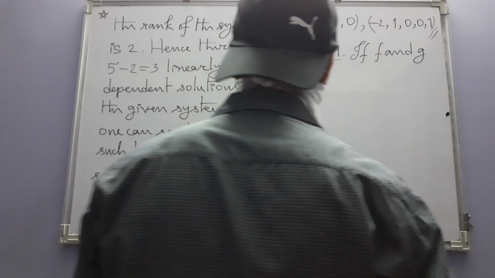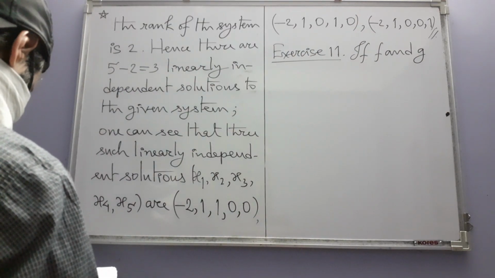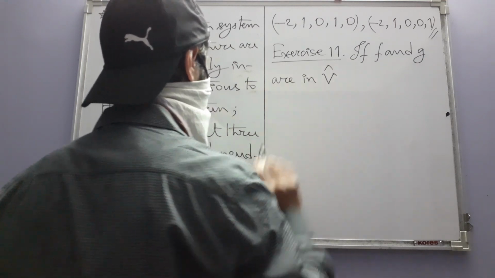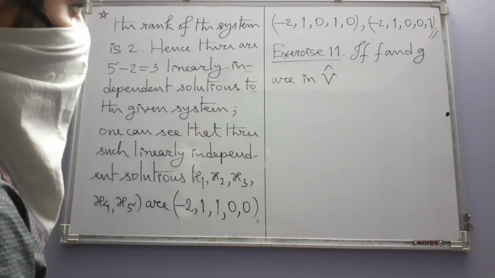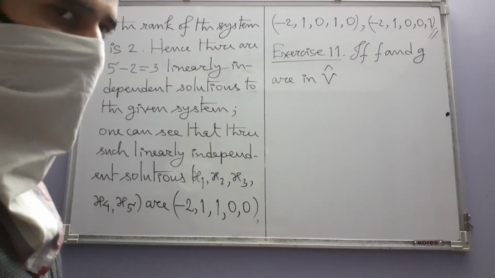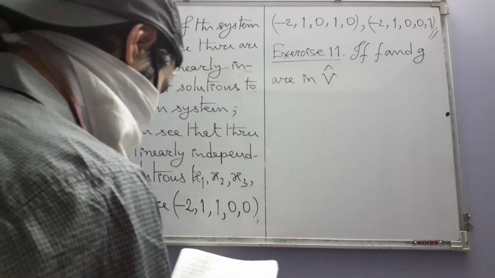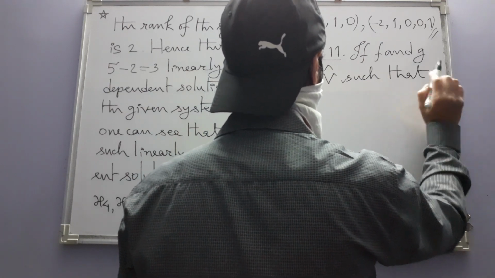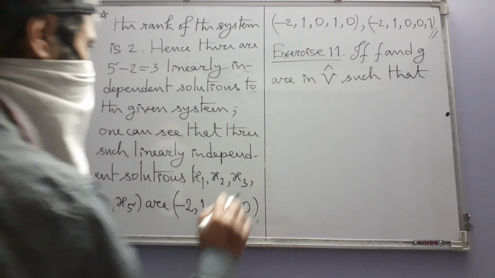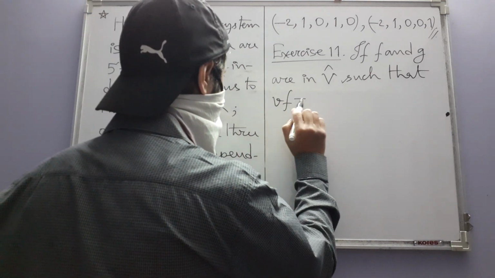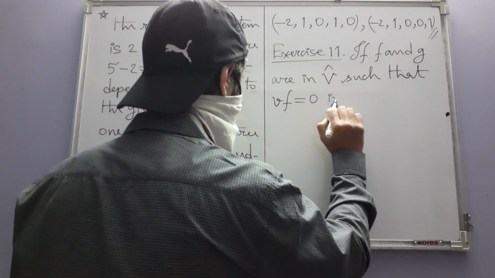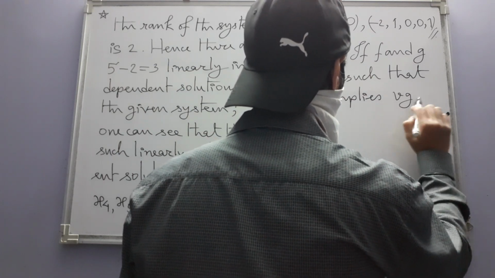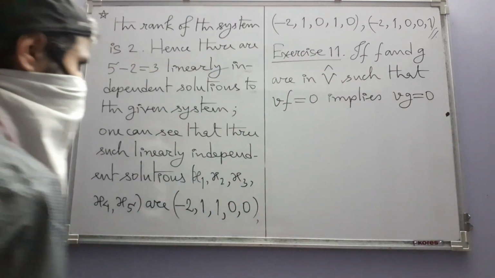If f and g are in V hat, in the dual space of V, that means if f and g are linear functionals on V, such that vf equal to 0 implies vg equal to 0.